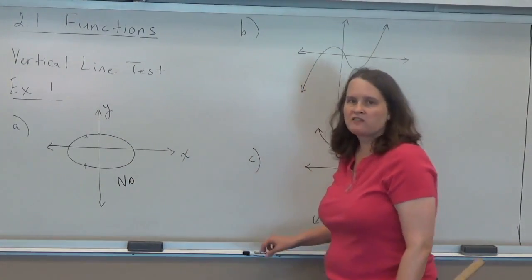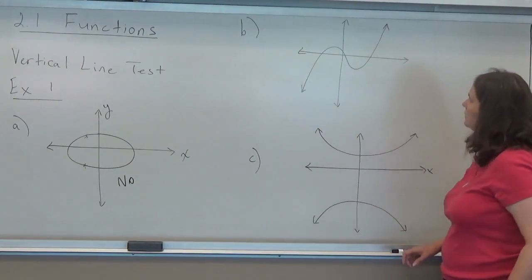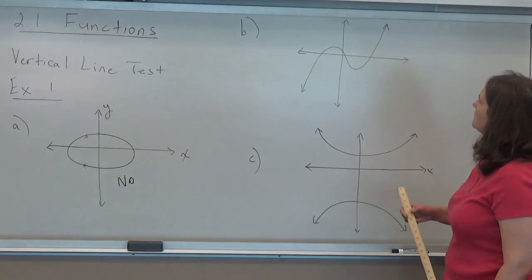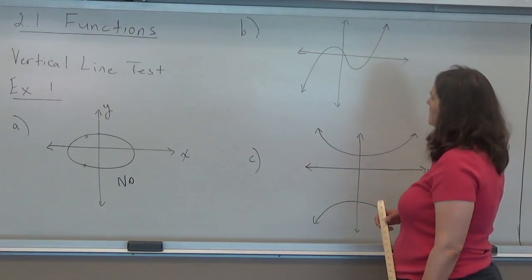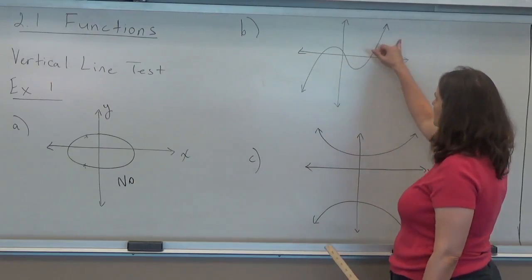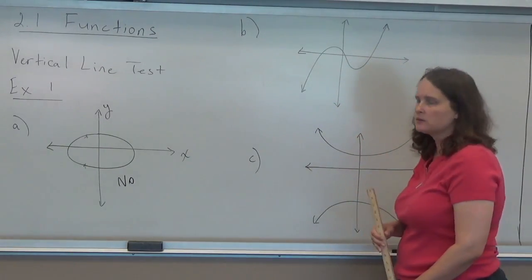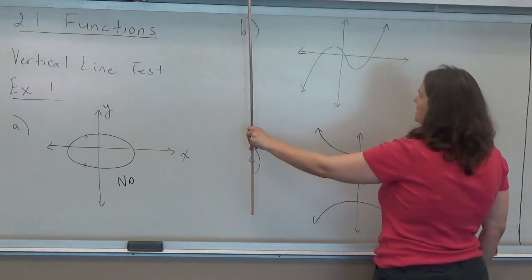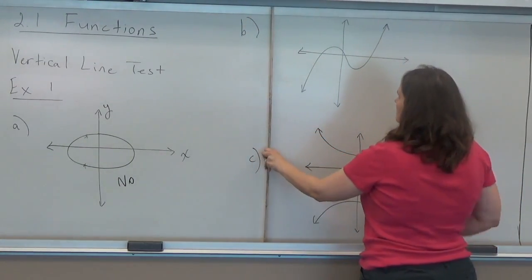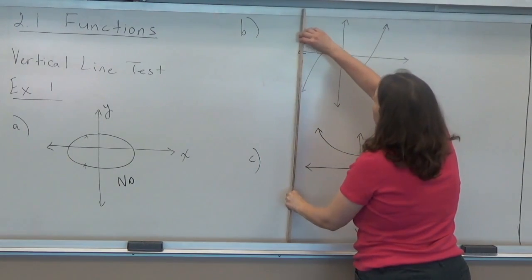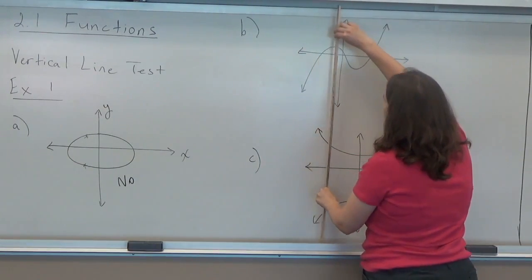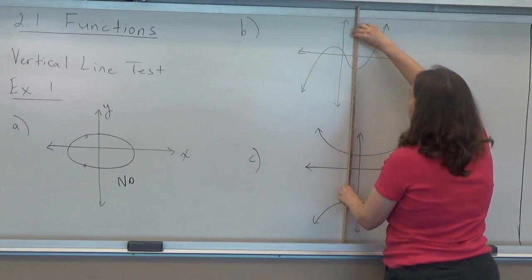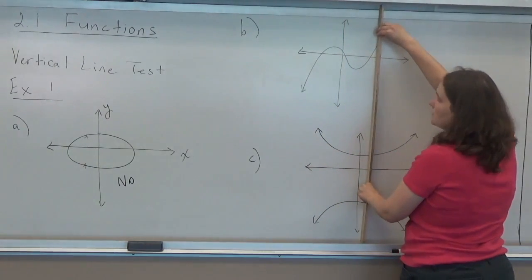All right, let's look at graph B. Over here, we've got a graph where the arrows on the ends indicate that it's gradually spreading out in each direction. So as we move in from the left side, is there any way I can place this vertical line in here to make it touch my graph in more than one place at a time?